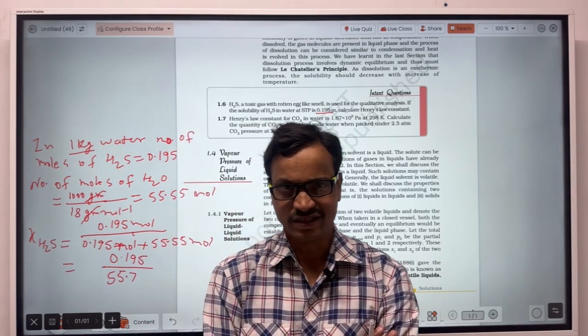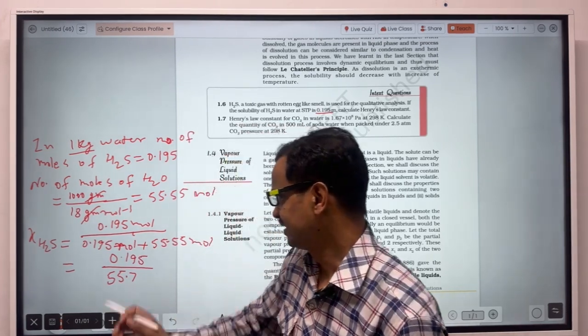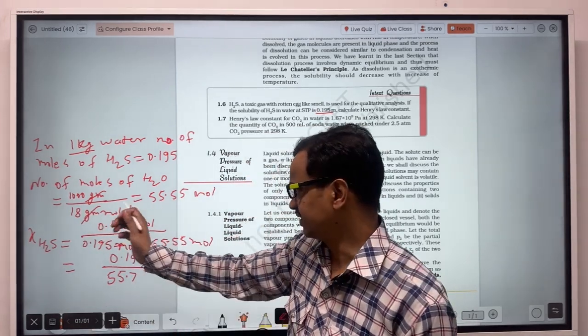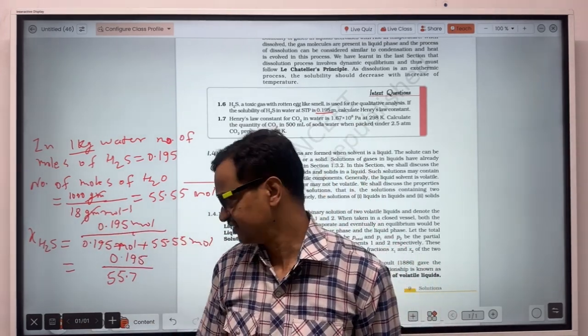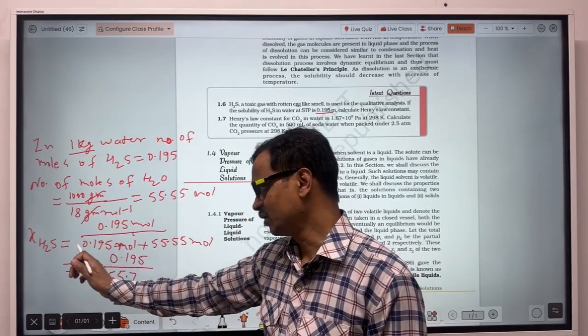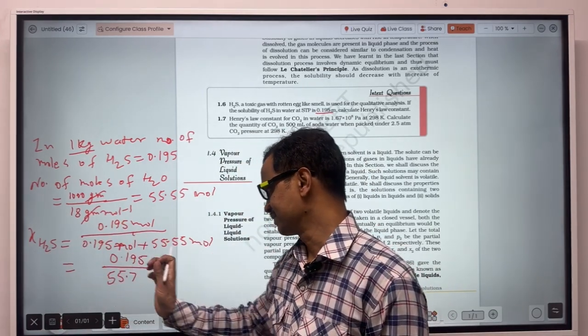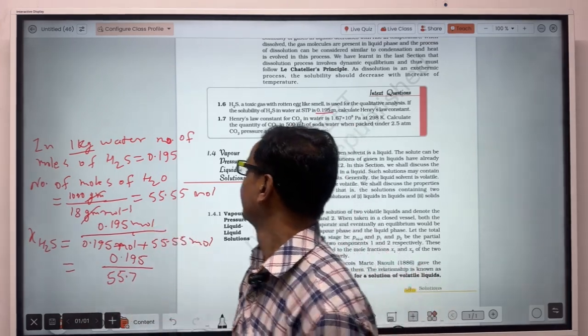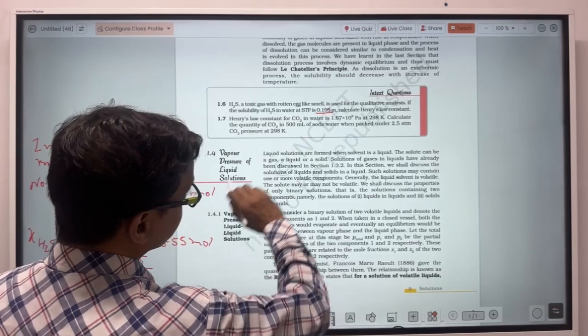So the number of moles is 1000 gram upon the molecular weight of water, that is 18. So that is 55.55. Mole fraction of H2S is the number of moles of H2S upon the number of moles of H2S plus the number of moles of water. That much came.